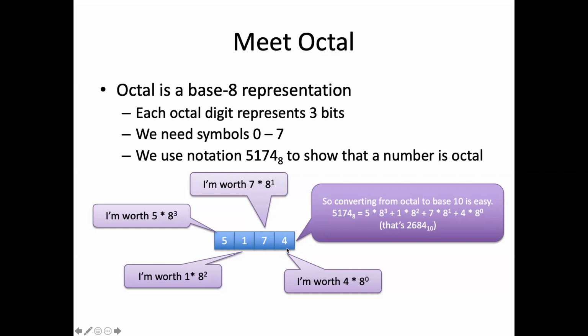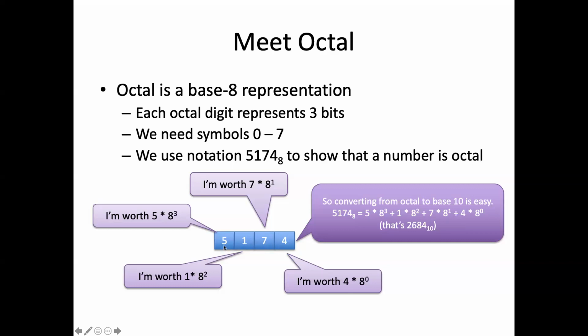It's worth 4. This 7 is worth 8 times as much. So whatever's in this position, since we're in base 8, is worth 8 times as much as the ones place. Continuing, this next position is worth 8 times 8, or 8 squared times as much as the ones place. So this position is worth 64 times as much.